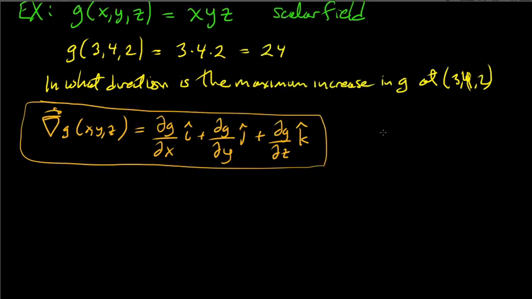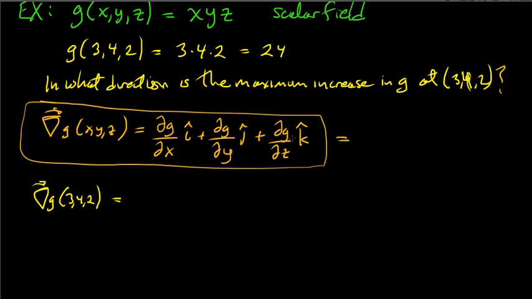And so to answer the question, in what direction is the maximum increase? Well, now I just take my gradient as a function of x, y, and z and plug in 3, 4, and 2. Oh, we never took the partial derivatives. Sorry about that.